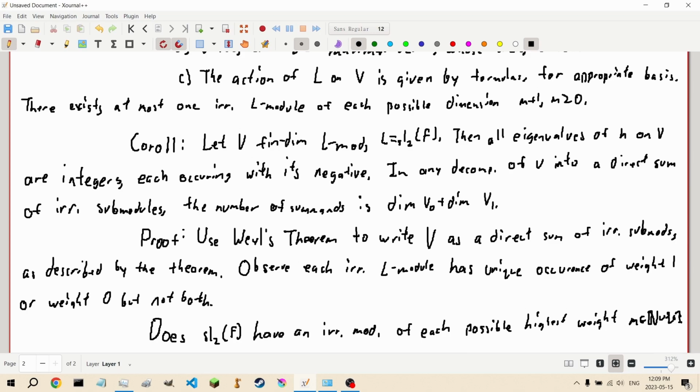So basically we know that the highest weight of a representation can be an arbitrary non-negative integer, but is there actually a representation which has each of those highest weights?